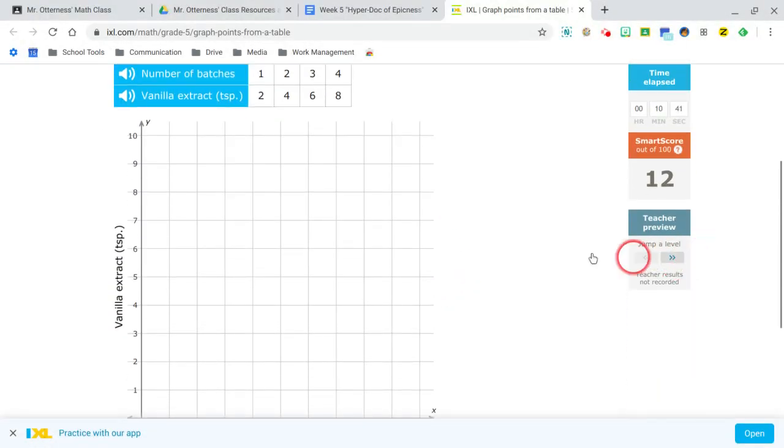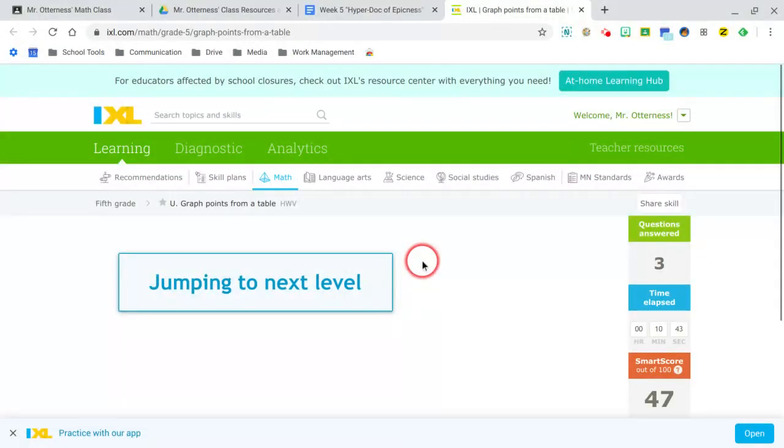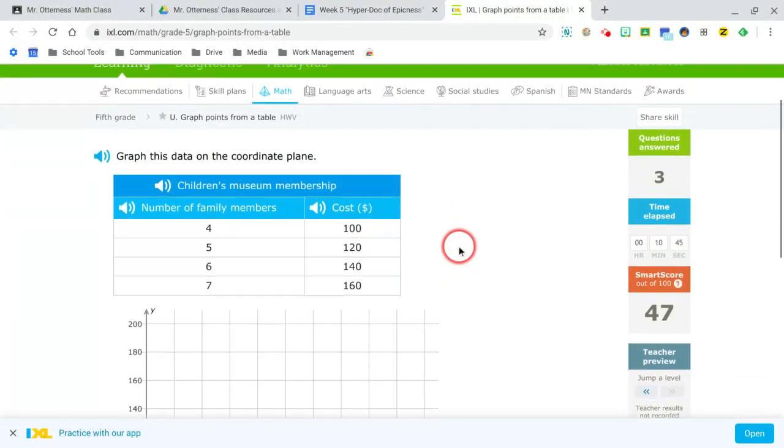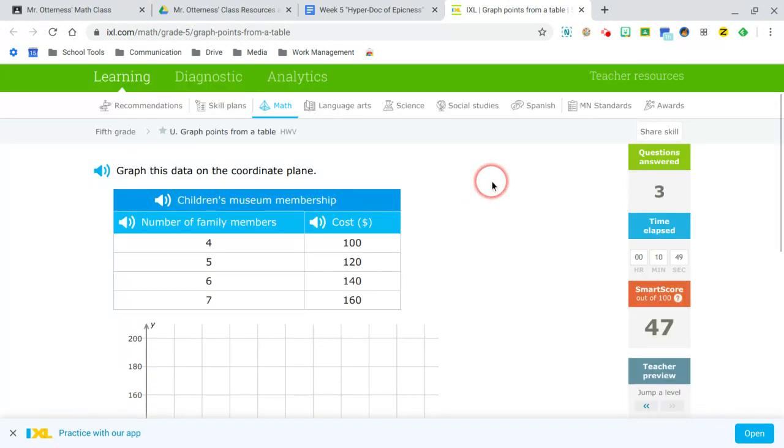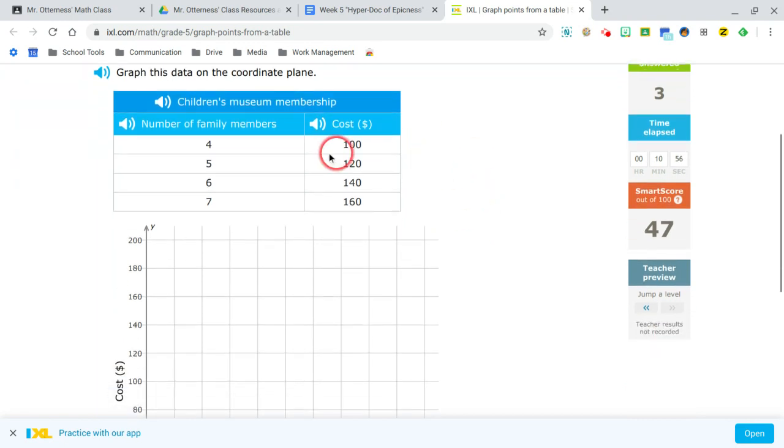Let's jump to the next level. See if we can get a challenging one. All right. Some bigger numbers. Children's Museum membership. Number of family members. Cost. So we are exploring the relationship between the number of family members and the cost of a museum membership.